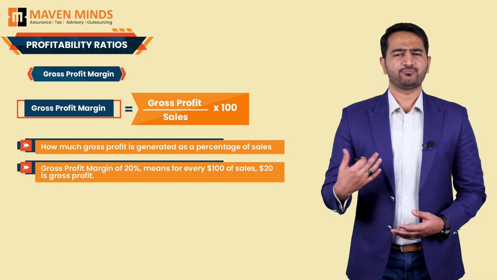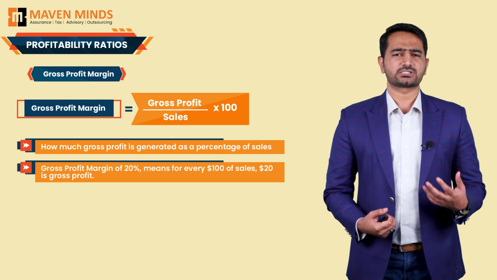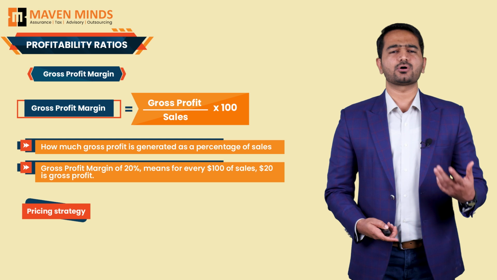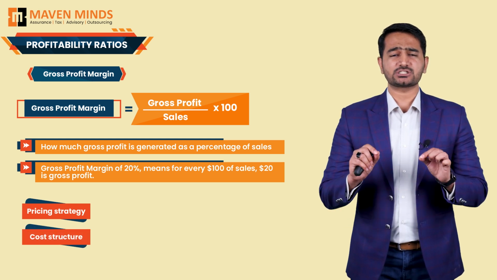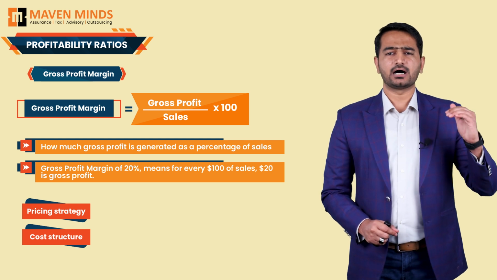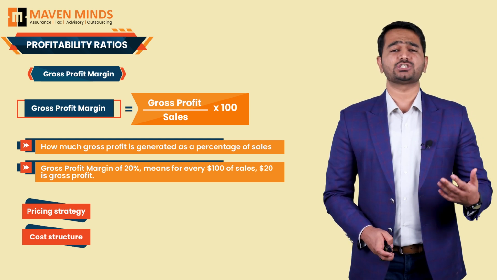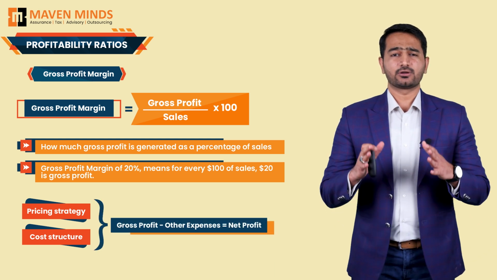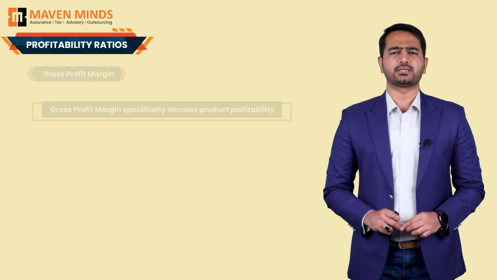This could be 40%, 50%, or any other percentage depending upon the company's pricing strategy and the cost structure. However, gross profit is not your final profit, but having a higher gross profit margin increases the likelihood of achieving a strong net profit. My friend, gross profit margin specifically denotes product profitability.